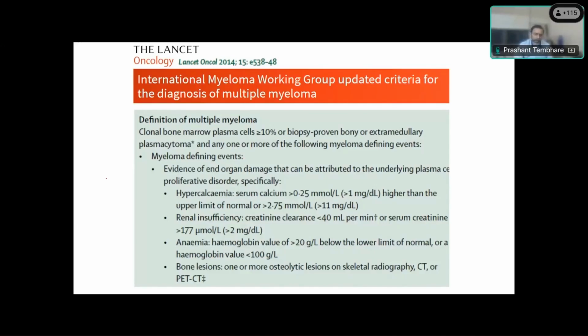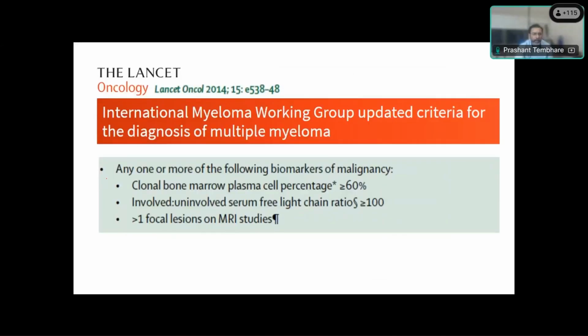In addition to hypercalcemia, renal insufficiency, anemia, and bony lesion, they have included 3 more criteria. The one criterion is if the bone marrow plasma cells are more than 60%. Then if you have a ratio of involved to uninvolved serum free light chain more than 100.